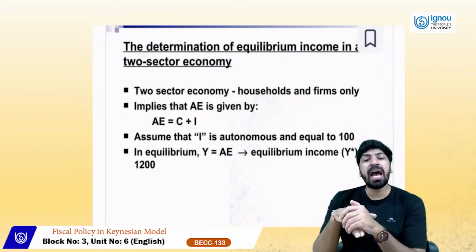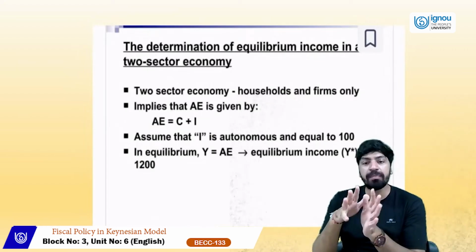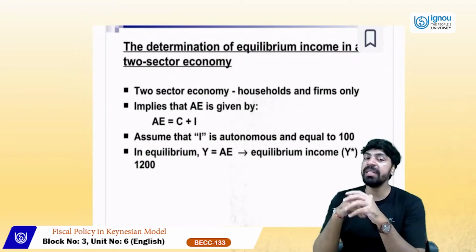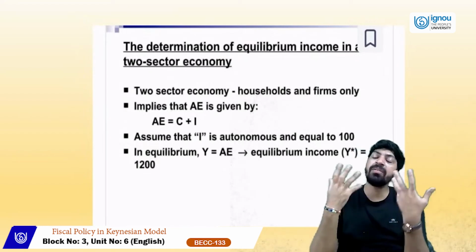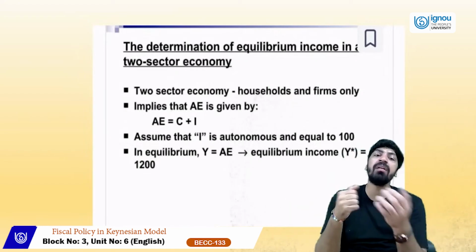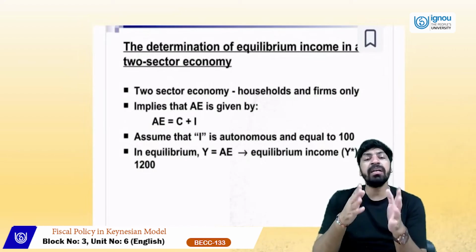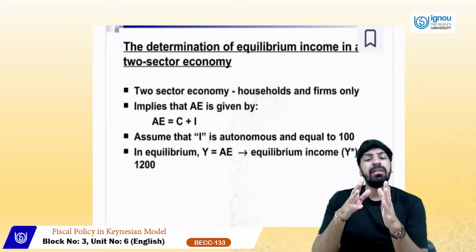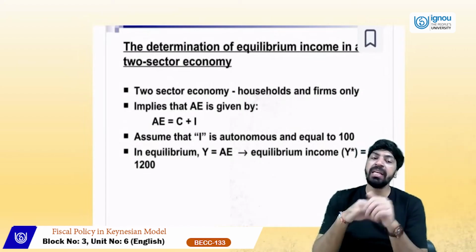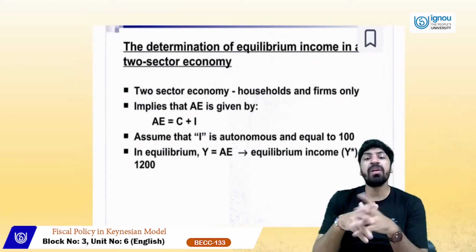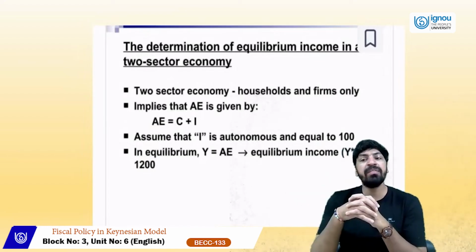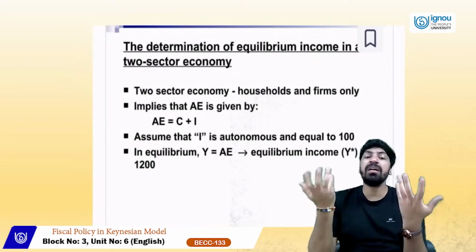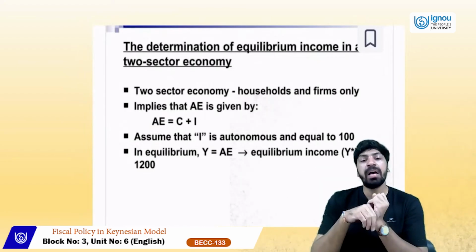I stands for autonomous investment. Autonomous means if the investment is 100, then I is 100 at each level of income. So aggregate expenditure is equal to consumption plus investment. Aggregate expenditure is always equal to income, so if aggregate expenditure is 1200, your income would also be 1200.